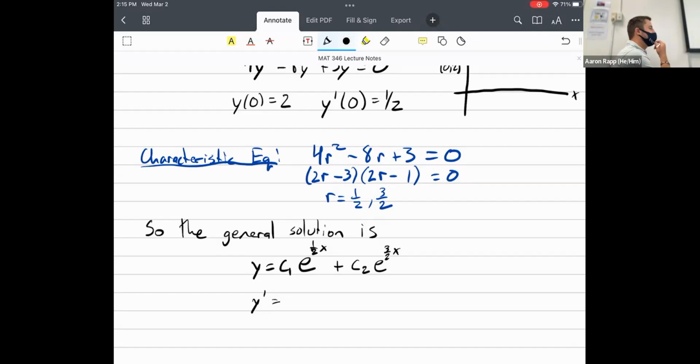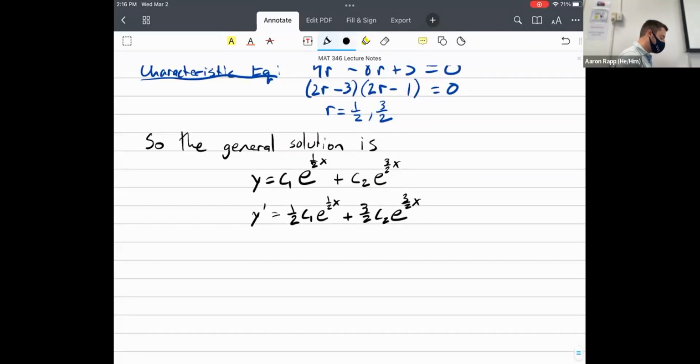But what is the derivative of y going to be? 1/2 C1 times e to the 1/2 x plus what? So this is what the derivative looks like.